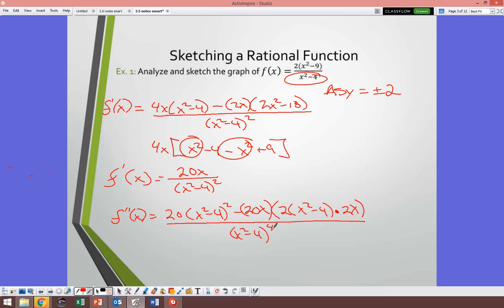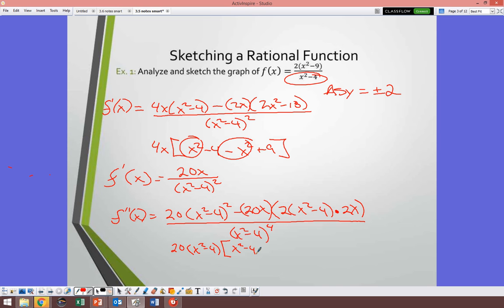I'm going to take out a little bit more than that. I'm going to take out a 20 and an x squared minus 4, right? There's not an extra x right here. So that's going to be right there. And so I'm going to be left with x squared minus 4, right?